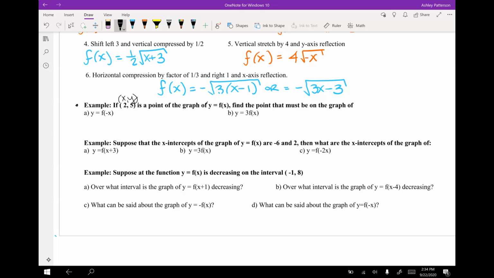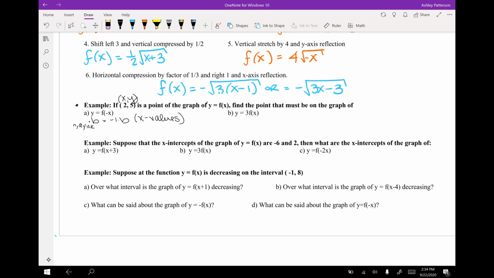Find the point that must be on the following graph. Okay, let's look at it one by one. For this, there's a negative on the inside, which means that our b is negative. Okay, I'm going to write that down so I don't forget. b is -1 times b, which is affecting the x values. This is really testing if we understand our transformations. So if b is negative, that means that it's going to multiply all of, if you think about your transformation chart, plus or minus h, and then we have a y plus or minus k, right?